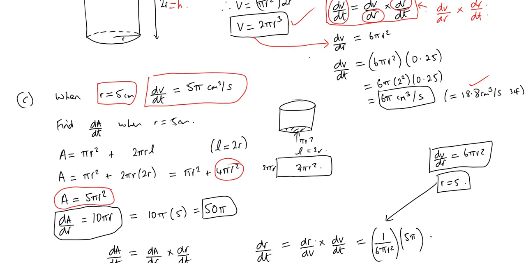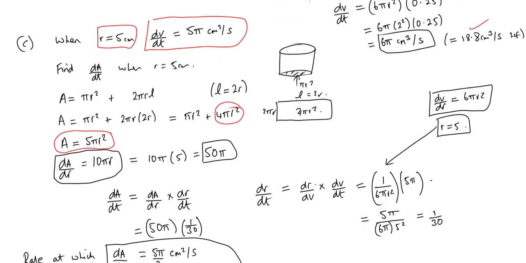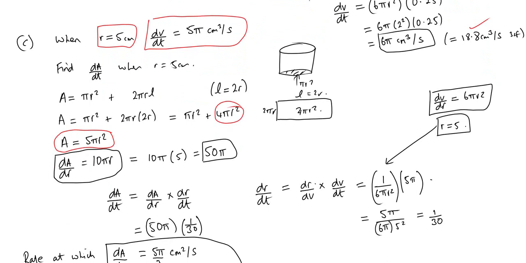Now we want to find out what dA by dt is, right? Again, we write dA at the top and dt at the bottom, but the other variable is r. So that's how we form our chain rule.